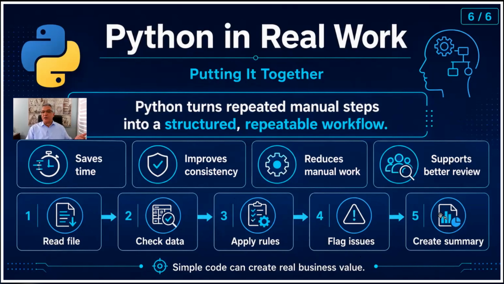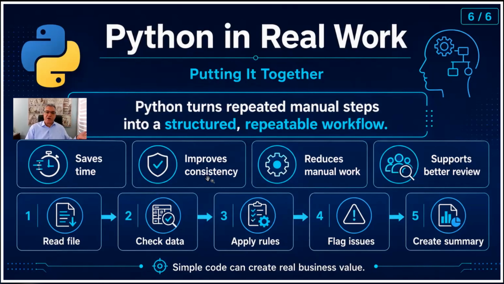So by using Python, you save time, and you improve consistency because you have the same systematic way that it will go through every single item, versus doing it manually, where one time you do it a certain way and another time a different way, or multiple people do it different ways.